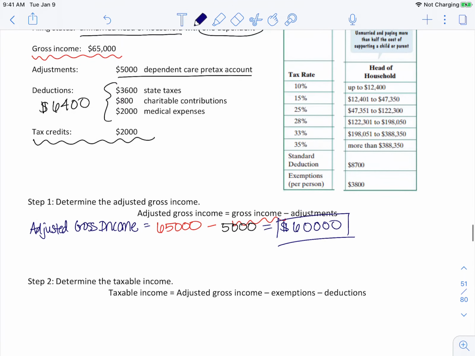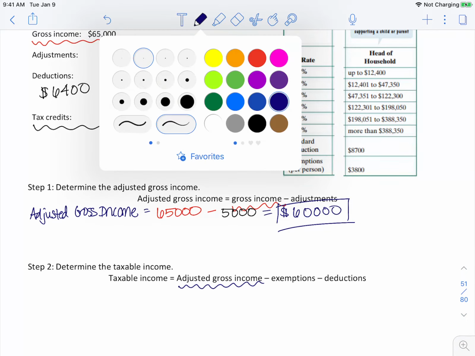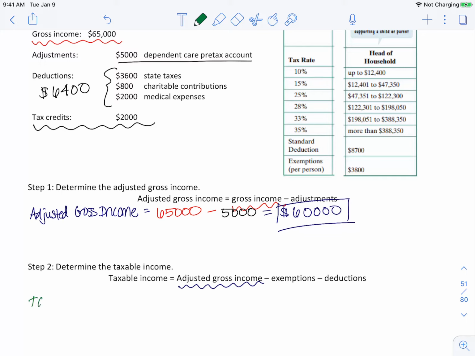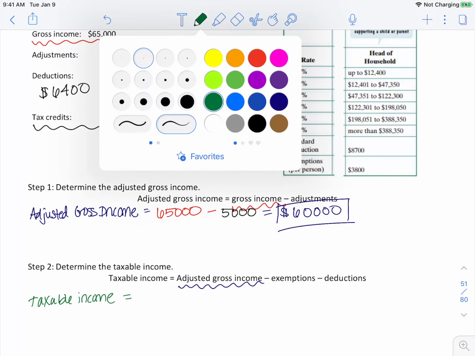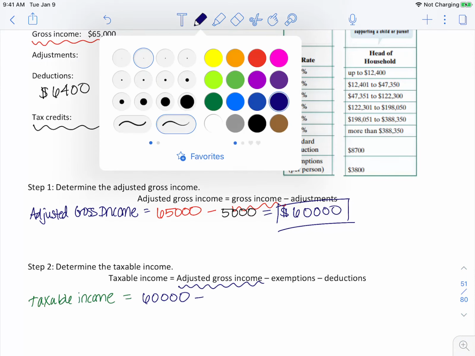Okay, so now to determine the taxable income, we're going to take our adjusted gross income that we just calculated minus any exemptions and minus any deductions. So our taxable income, again, we have our adjusted gross income, which we just calculated at $60,000 minus any exemptions.